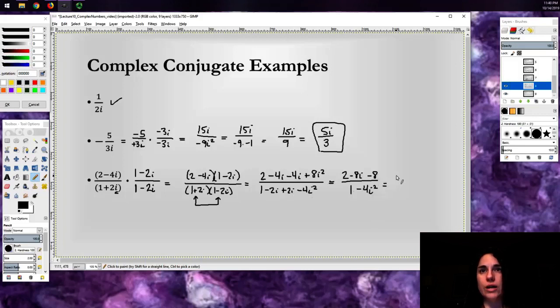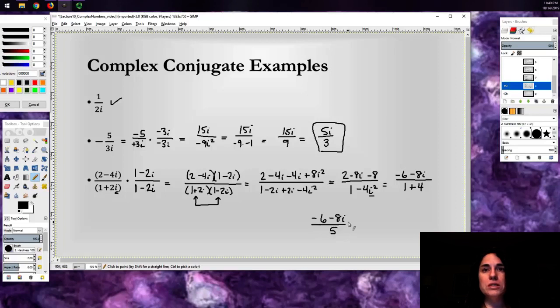I'm going to keep simplifying. Negative 6 minus 8i over 1 plus 4. Remember, i squared is negative 1. Negative 1 times negative 4 is a positive 4. So I'm getting negative 6 minus 8i all over 5.